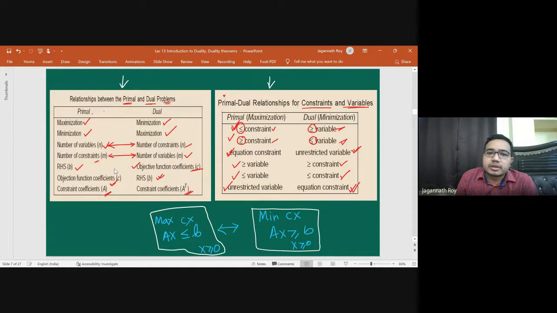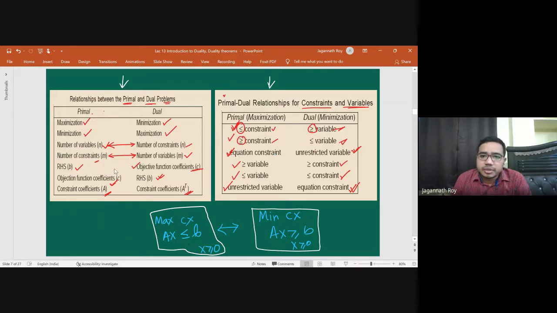Okay, for dual, for minimization, for example, if the variable is less than type, the constraint will be less than type; if the constraint is greater than type, the variable will be less than type.